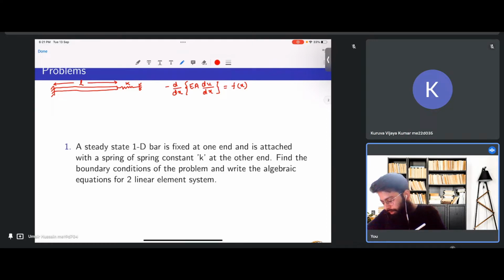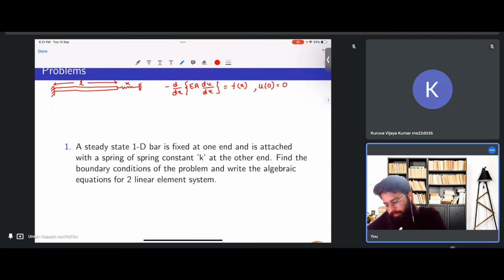So first of all, what are the boundary conditions of the problem? We know that u at 0 is equal to 0. This is the first boundary condition. And what's the next boundary condition?